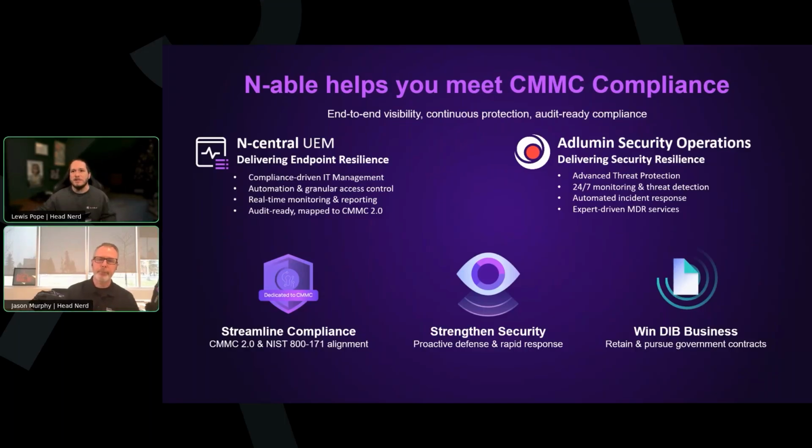I don't want to say it's a get out of jail free card, but it's the question to answer first: is CUI or FCI going into the system? If the answer is no, then most likely you don't have to worry about CMMC. That's not the case in all circumstances, but it's a really good first question to ask, because if the answer is yes, then you absolutely know you have to.